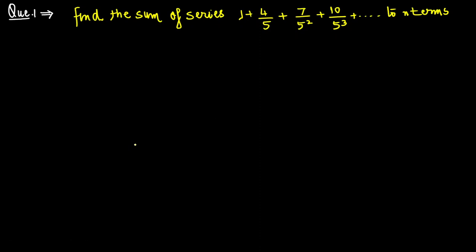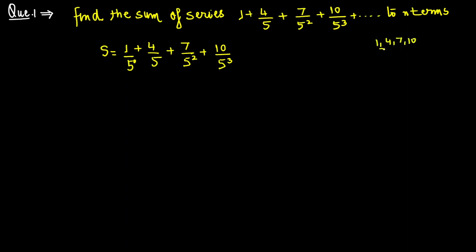Just see the series. If I ask what is the nth term of this series, then before that I will ask: is it AGP or not? The AGP, as we have learned... see here, 1, 4, 7, is it forming an AP?